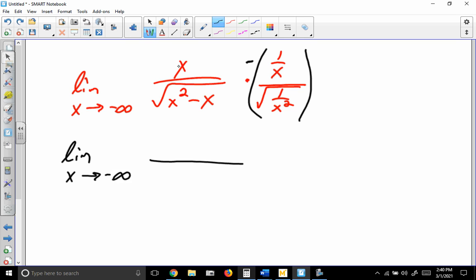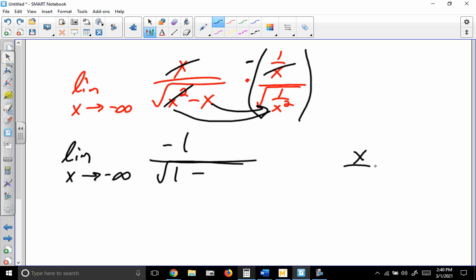On top, we have a positive times a negative, x on top, x on bottom, that makes 1. When we distribute on bottom, x squared on top, x squared on bottom cancel, leaving us 1. And when we distribute and have x times 1 over x squared, that leaves us with 1 over x.